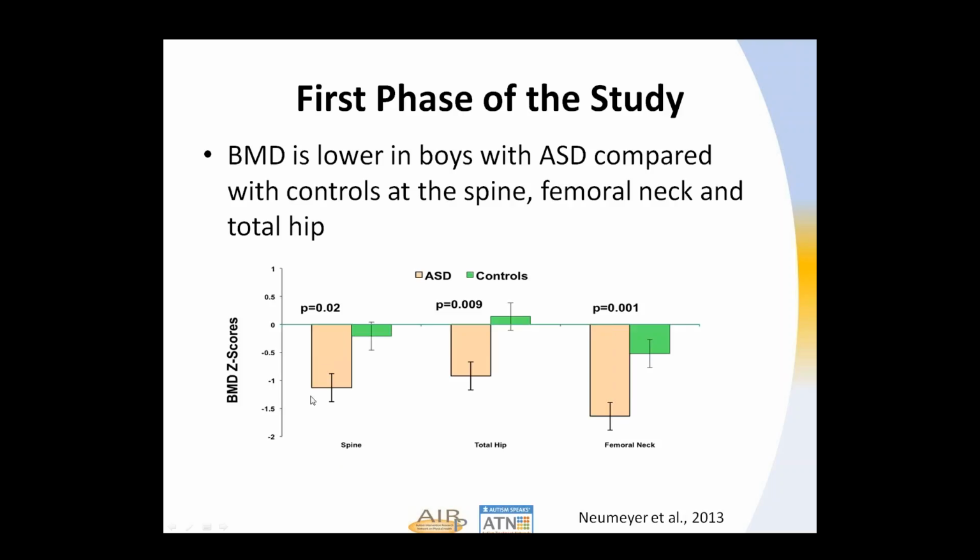What that looks like is that in typical boys, you can see that their BMD, or bone mineral density scores, were hovering around 0, and the Z-scores were at -1 in boys with autism. These results were significant at the spine, the total hip, and femoral neck. Femoral neck is important because that specifically relates to hip fractures later on.